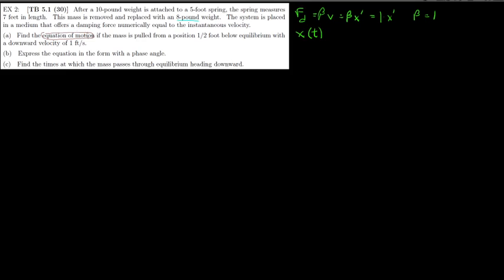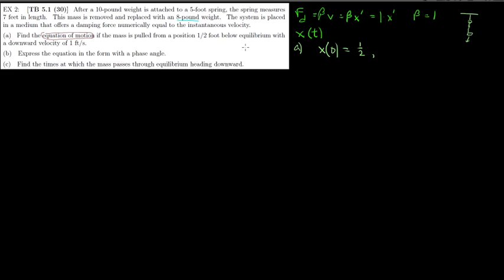Okay, so find the equation of motion if the mass is pulled from a position 1/2 foot below equilibrium with a downward velocity of 1 foot per second. Those are the initial conditions. For part A, the initial position is 1/2 of a foot, so x of 0 is 1/2 when t is 0. Because it's hanging from the ceiling and we're pulling it downward, and downward is positive, this will be positive 1/2.